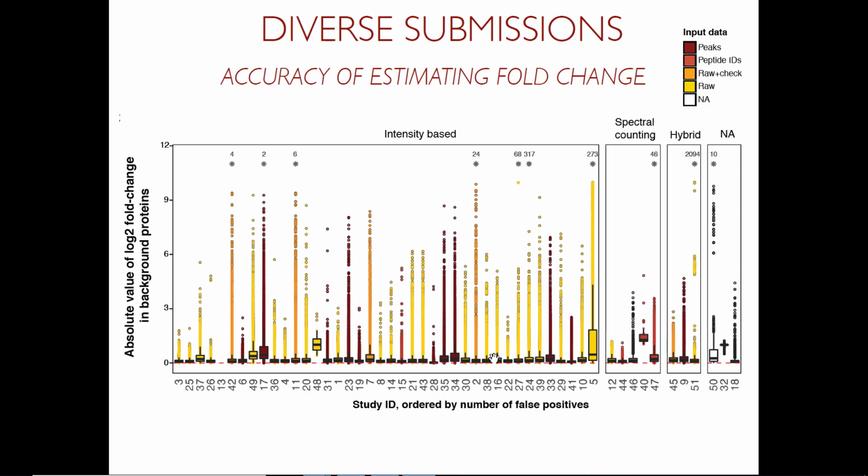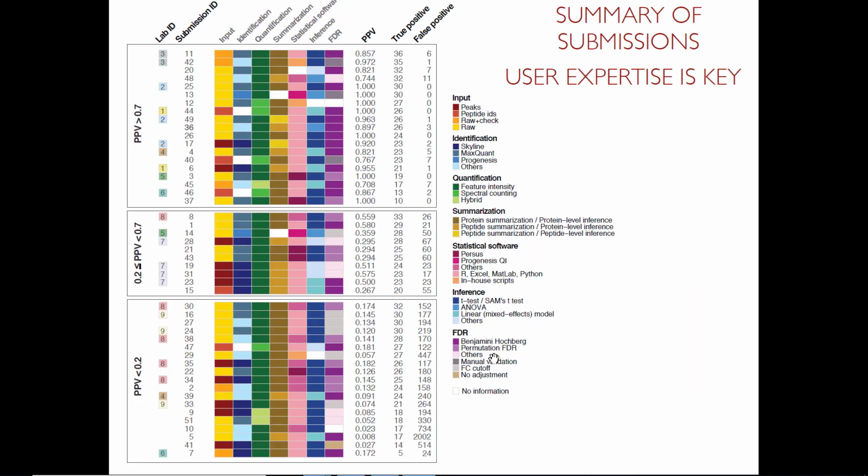Well, so that was a really important lesson for us. So, what happens next? We tried to actually parse the forms where the participants described exactly what they did to arrive at these conclusions, and we tried to make it systematic. So here we talked about the input, same color: raw versus IDs versus peak intensities.